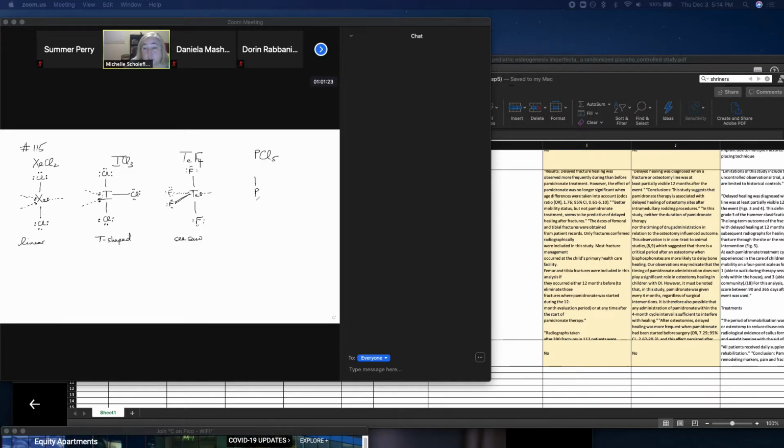It's phosphorus with five chlorines, and this is a trigonal bipyramidal structure. So all of these have central atoms with a steric number 5.